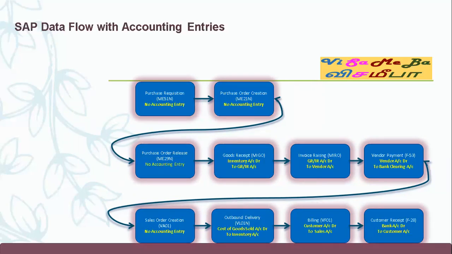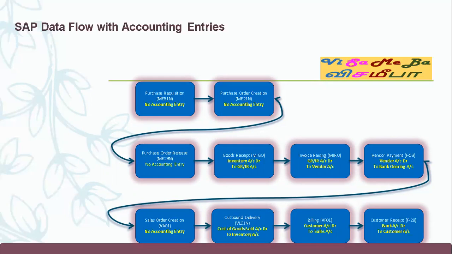When the goods are received from the vendor, then there is an accounting entry because inventory is coming in. So inventory account debit to goods received or inward receipt account.